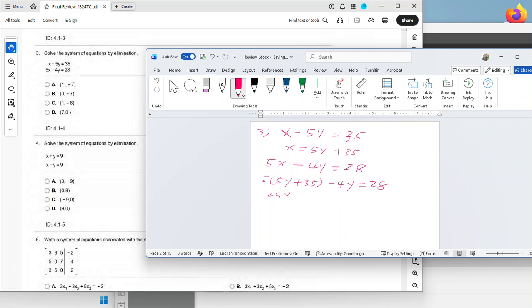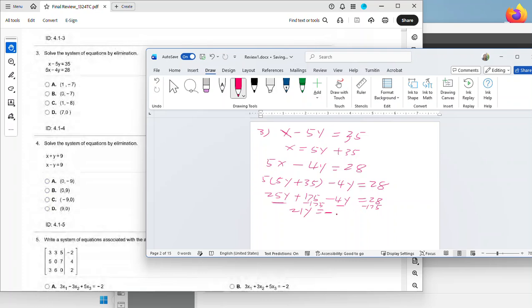And then that's 25y plus 175, right? Minus 4y equal to 28. And then these two added together will be 21y. We're going to minus 175 on both sides.